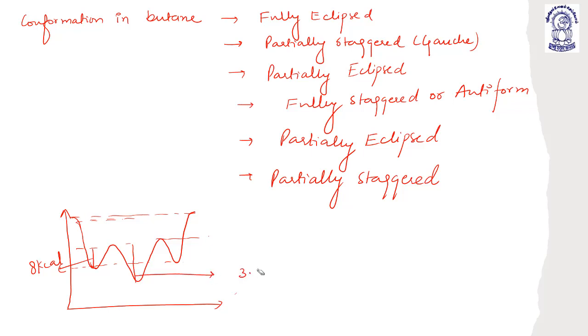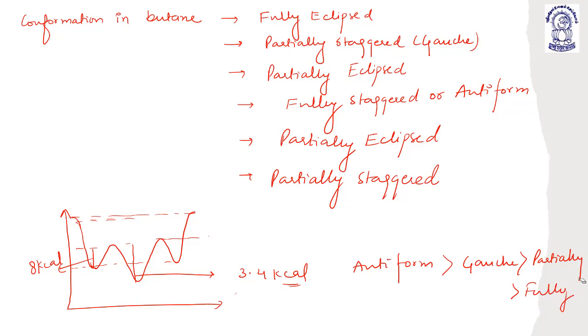This is 3.4 kilocalories. Okay. Then, fully staggered is more stable than gauche, which is more stable than partially eclipsed and then fully eclipsed. Okay, this is the stability.